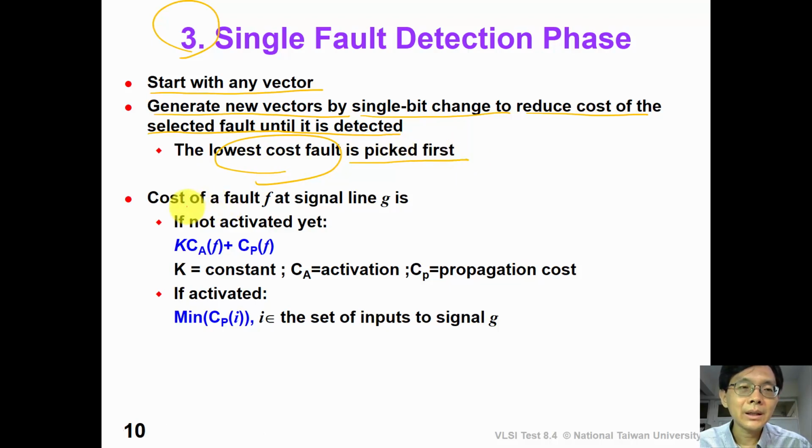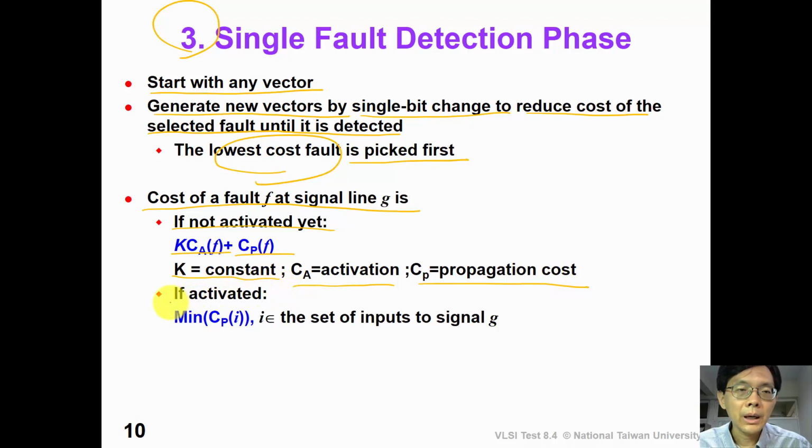In the context algorithm, we propose the cost of a fault at signal line G as follows. If the fault has not been activated, the cost is equal to K CA of F plus CP of F, where K is a user-defined large constant, and CA is the activation cost, and CP is the propagation cost.